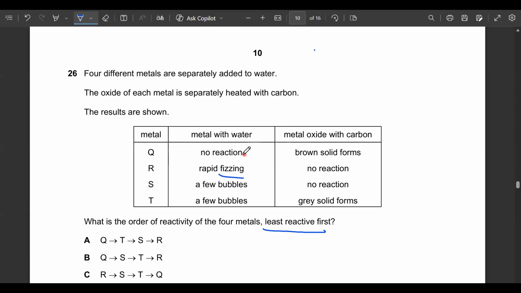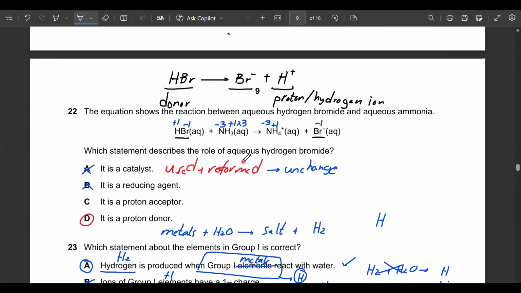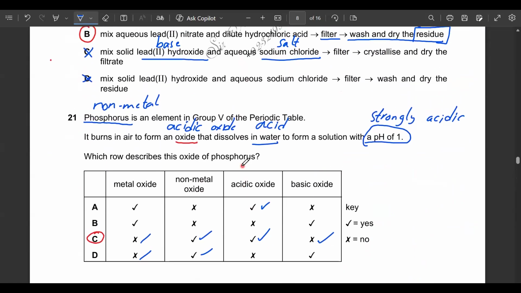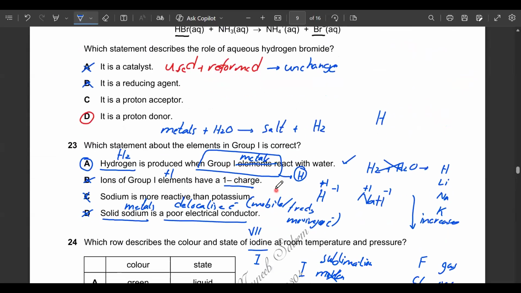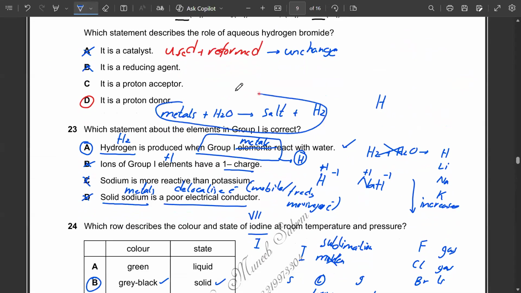Okay, students, I gave the answer just a few minutes ago, if you remember. Metal with water, what did I say over here? Sir, it mentioned carbon in the question, so I assumed that.